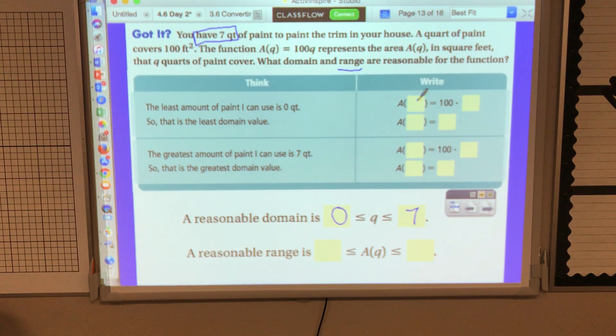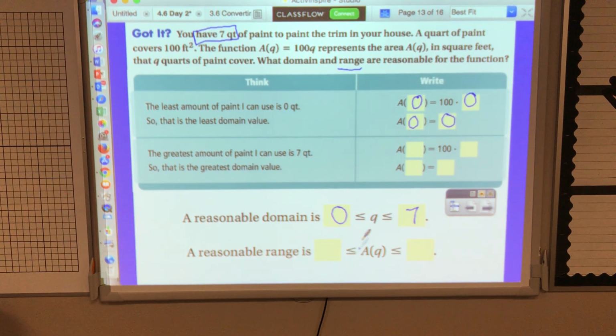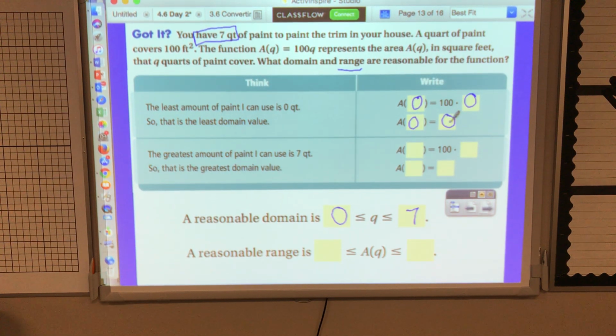But for our range, we actually have to substitute those values into our function and solve. So if I'm solving A of 0, remember I'm plugging in that 0 where the x's were, in this case q's. A of 0, the area covered by 0 quarts, would be 100 times 0. So A of 0 is 0. The smallest amount for my range is 0 square feet. The greatest amount for the domain was 7, so I want to know the area when I use 7 quarts of paint.